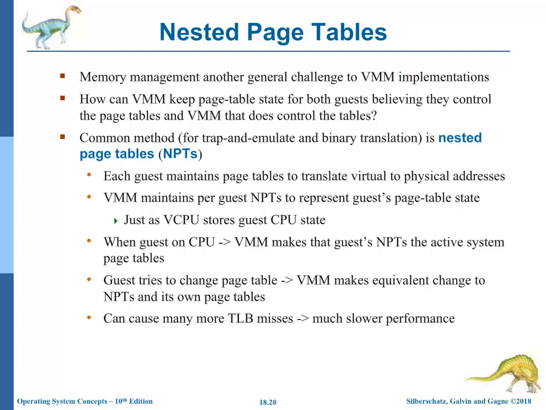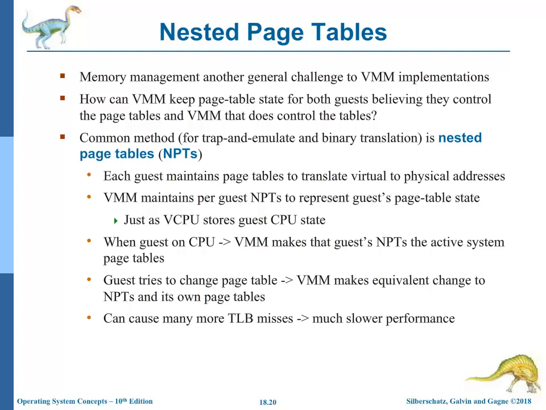The virtual machine manager knows when the guest tries to change its page table, and it makes the equivalent change in the NPT. When the guest is on the CPU, the virtual machine manager puts the pointer to the appropriate NPT into the appropriate CPU register to make that table the active page table.